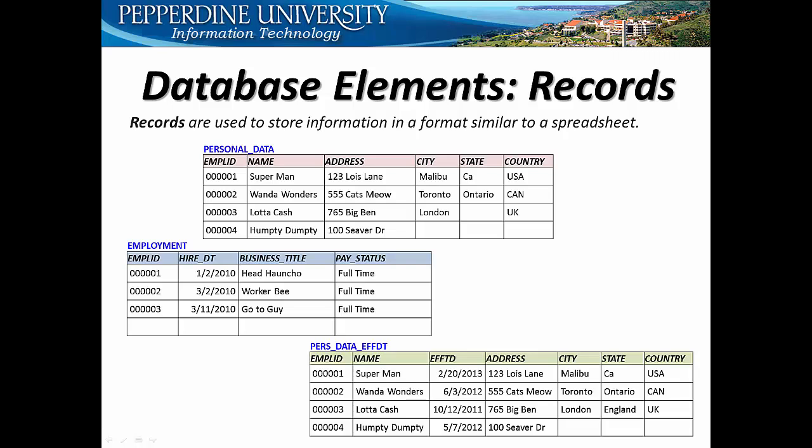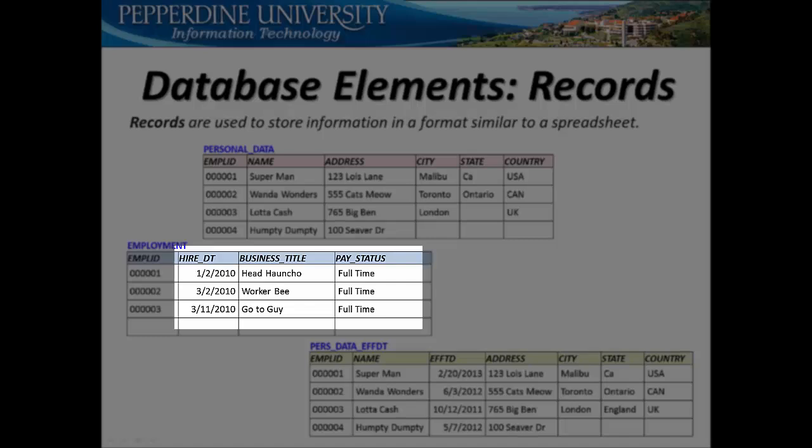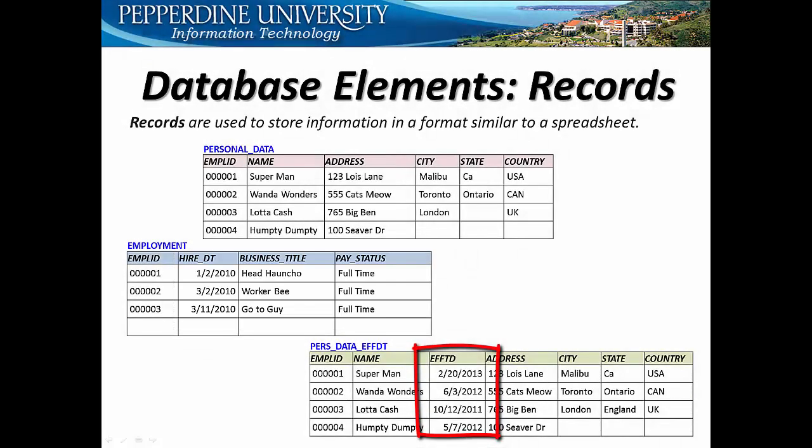Here in our example, multiple tables list employee ID, names, addresses, countries, and so on. And other tables may have unique data that's not available in any other table, such as a hire date or a business title or effective date. In summary, there is one primary source record for data, while some related data may be available in multiple records.